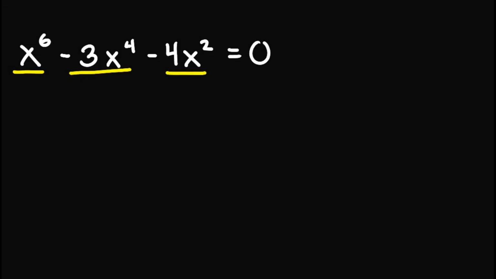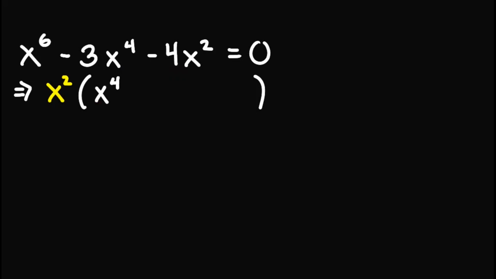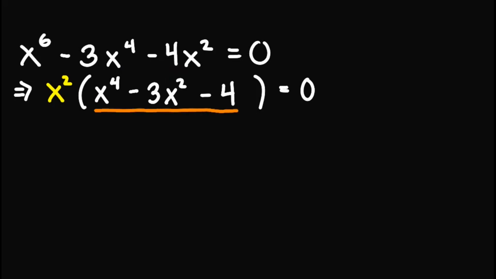So we can factor that one out to obtain x squared times a quantity. What's left inside is x raised to 4 minus 3x squared minus 4 equals 0. Next problem is, how do we factor this one out here?